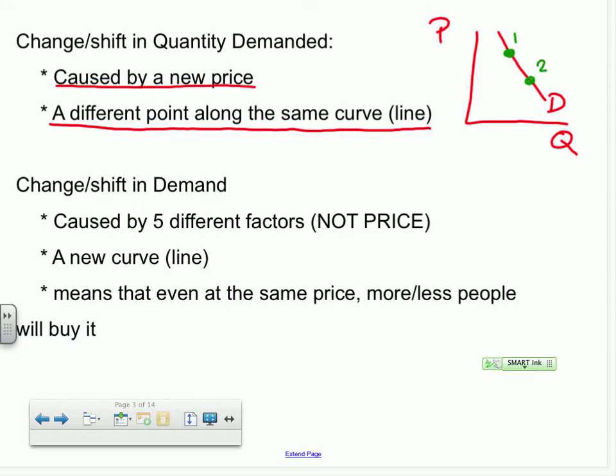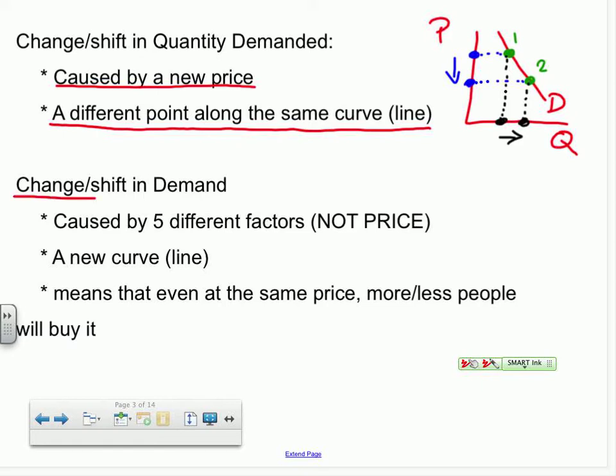And that is caused by a change in price because the price went from here to there, or in this case, the price decreased, which changes the quantity demanded from here to here, or an increase in quantity demanded. But that's a review. We already know that if the price goes down, quantity demanded will go up. We already know that.